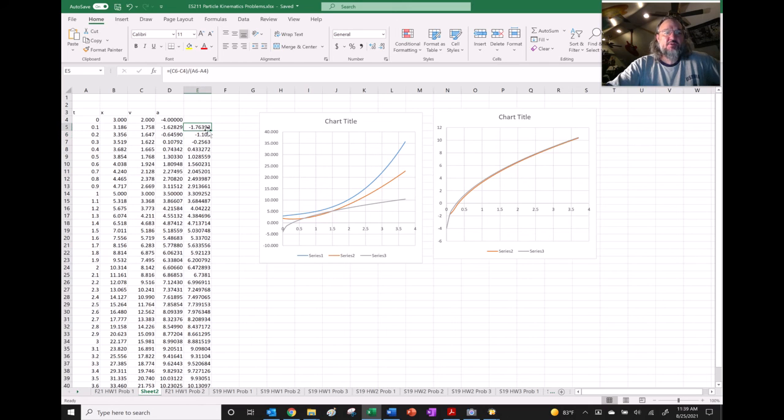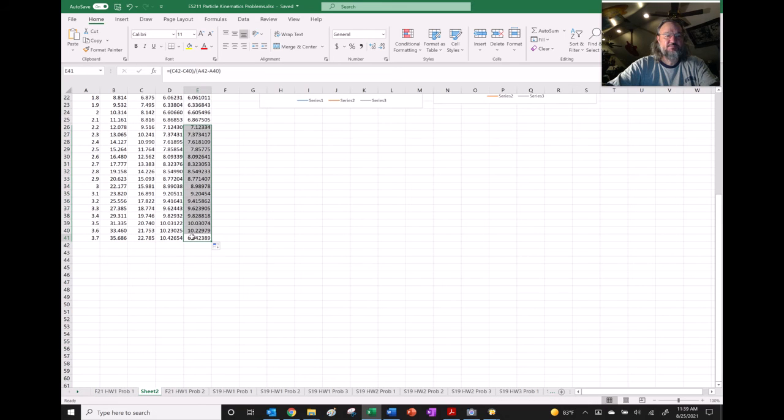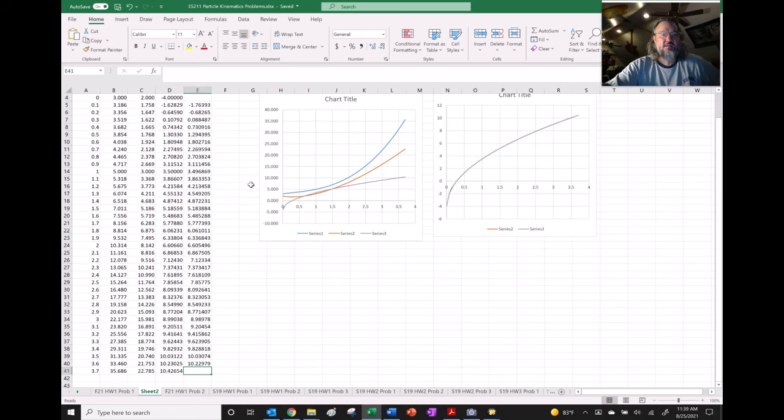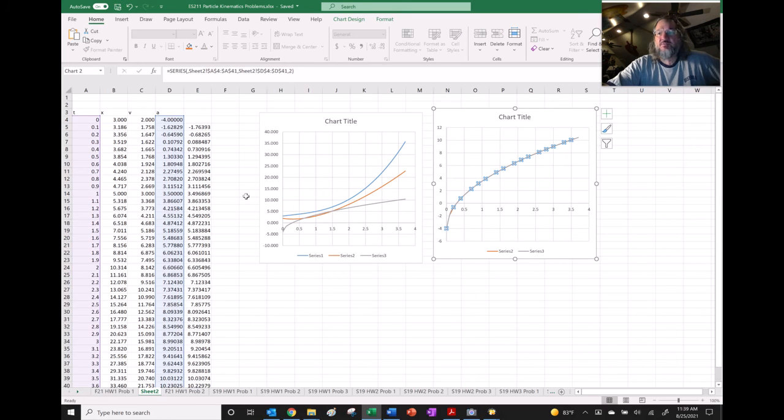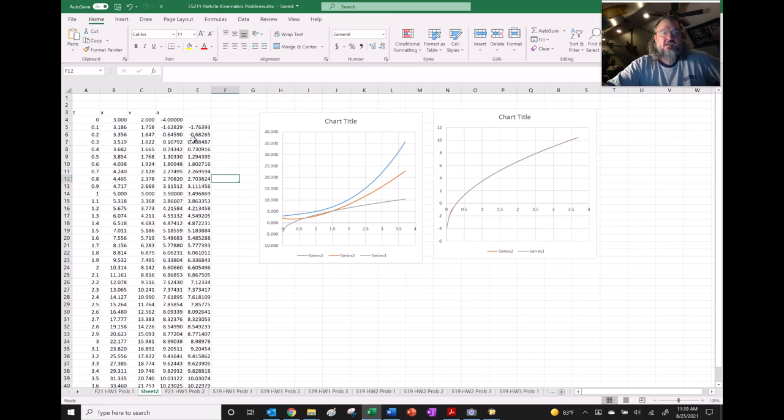We've got to remember though that the very last one is going to be bad, but we'll go to this one right here. This one is bad because it's actually trying to use cells that aren't there. So we can just get rid of that. But you can see that that gets really close. So we've numerically differentiated the velocity to get acceleration.